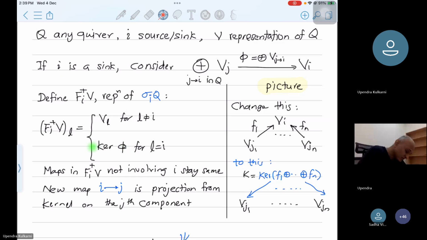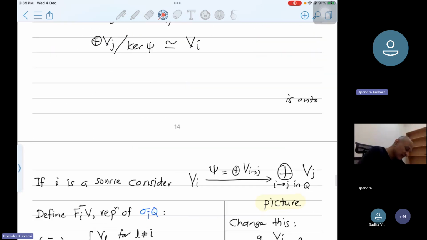Now remember, because V is indecomposable and not SI, this map phi is onto. So the dimension of the kernel is very easy to calculate. I just take the dimensions of all the neighbors, add them up, and subtract the dimension of I. So that's what happens for Fi plus.